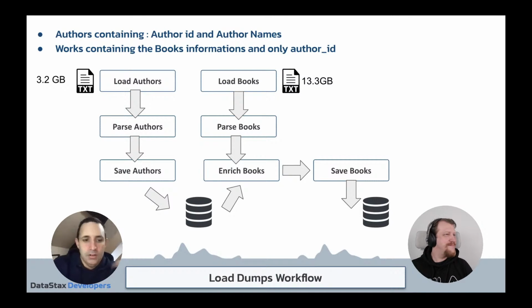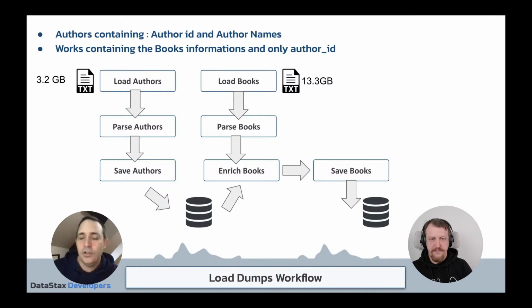Okay, you are a Java developer. You will create a batch that will read every single row in the author file, parse this author, and save the information author ID, author name in a table, right?